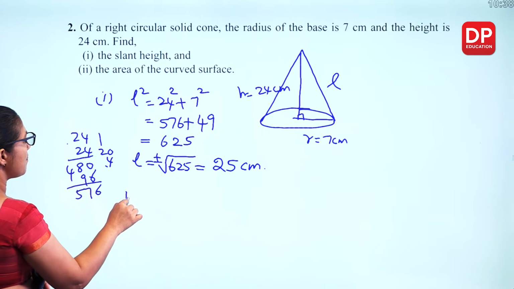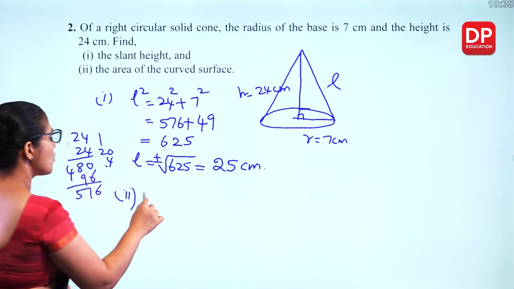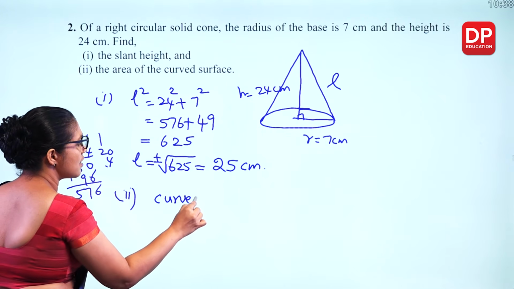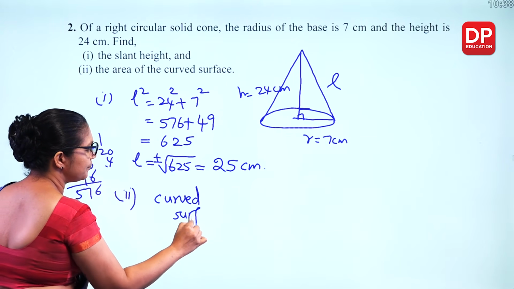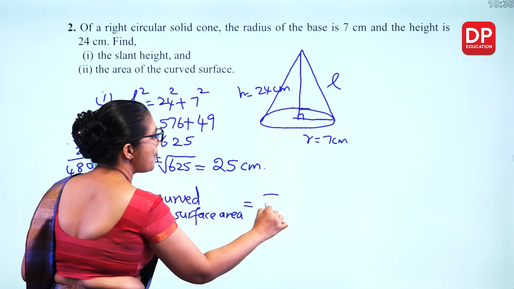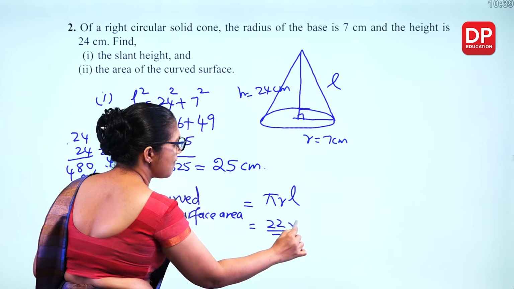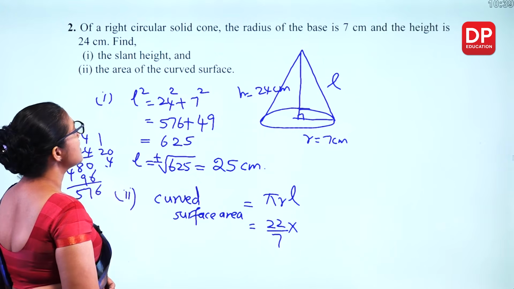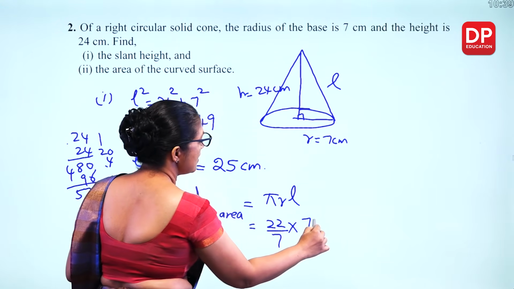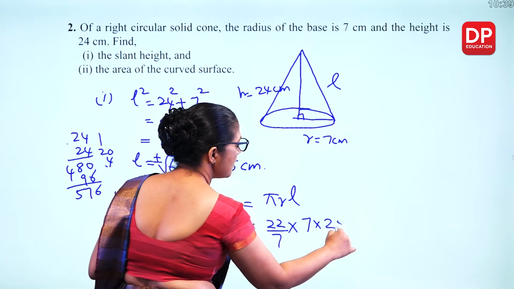So when you take the part 2, they are asked to find out the curved surface area. So what's the formula for curved surface area? Curved surface area is pi r L. Pi is 22/7. Radius is 7. And what's L? L is 25.